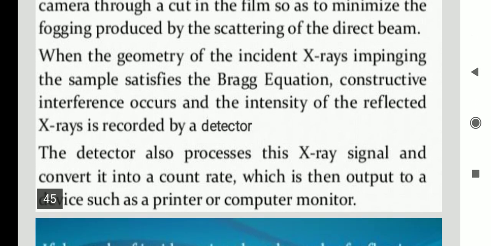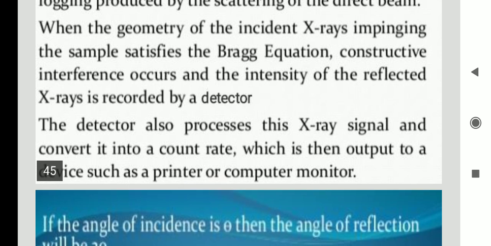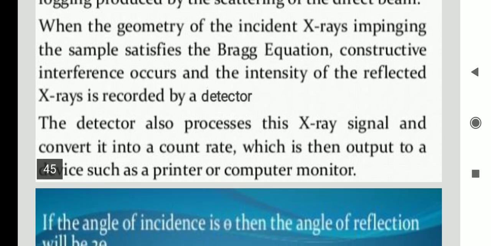The detector processes this X-ray signal and converts it into a count rate, which is then output to a device such as a printer or computer. Most things are connected to computers nowadays, so the output will indicate how many rays are diffracted; everything will be counted.